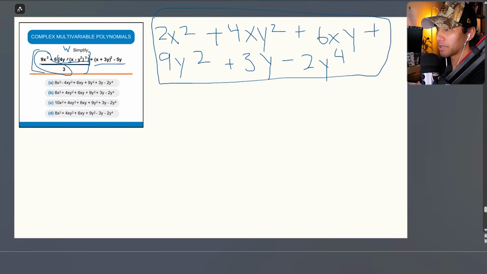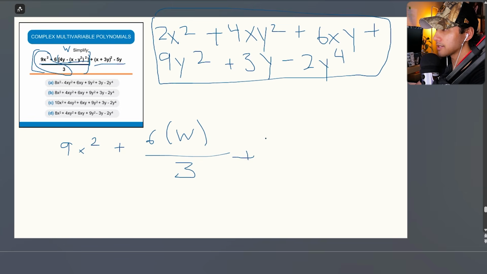And I'm just going to substitute this for w again, writing everything out. 9x squared by itself plus 6w over 3 plus x plus 3y squared minus 5y.